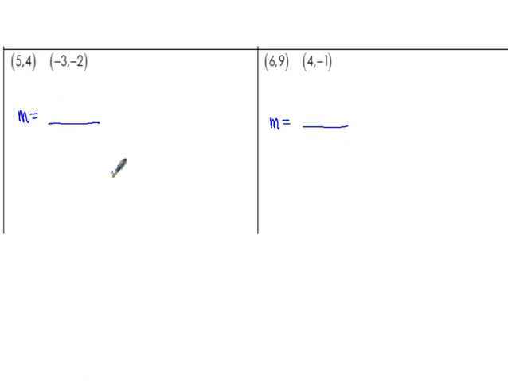So for the third example in the set, I'm looking at negative 2 minus 4 and negative 3 minus 5. And when I simplify that, I've originally come out with negative 6 over negative 8, but only simplified formats are allowed. I have a slope of 3/4. Using the first ordered pair, my point slope, y minus 4 equals 3/4 times the quantity x minus 5.